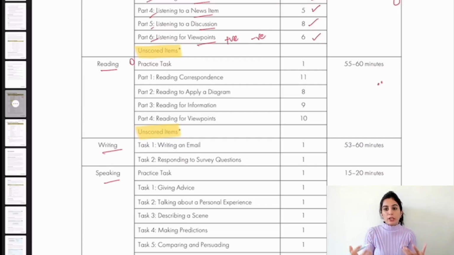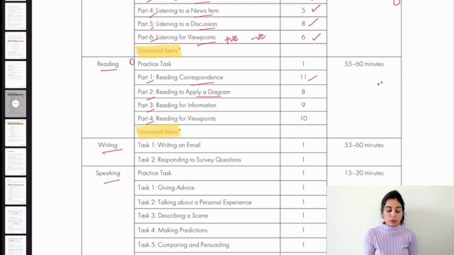So it's just, again, to help you familiarize with the types of questions that you would be seeing in the next few parts. There are 4 parts in case of the reading test, and each of the parts would test some part of your knowledge. So reading for correspondence basically means it'll be an email or a letter kind of a situation wherein you have to answer 11 questions.